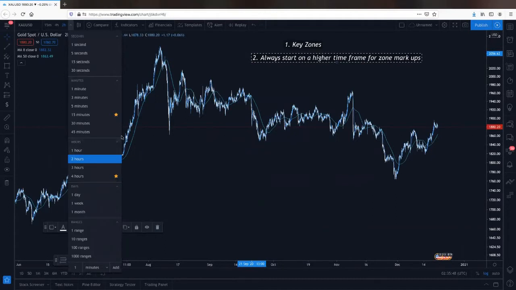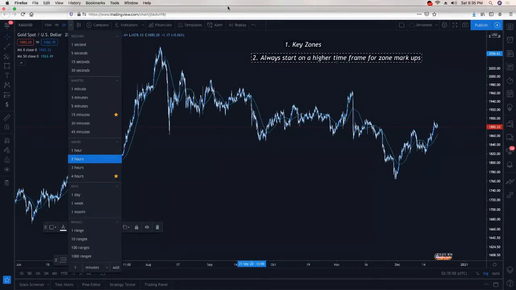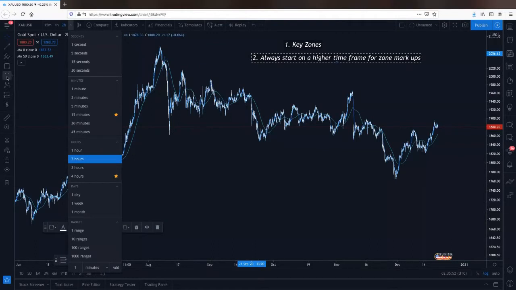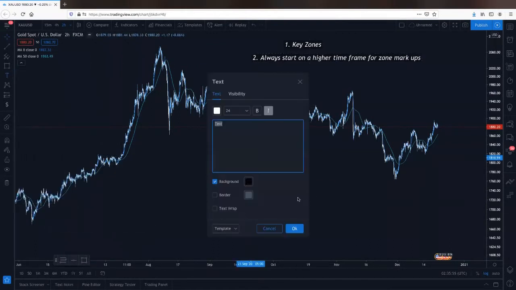You do your analysis on the higher time frames, and after you do that, scale to lower time frames to find entry level.